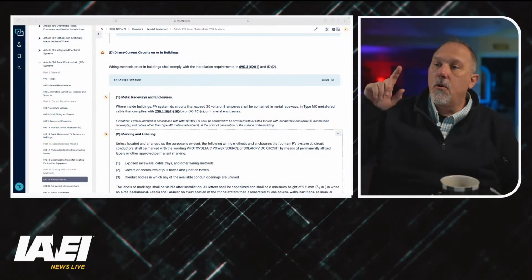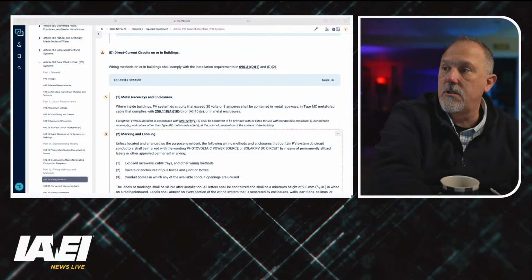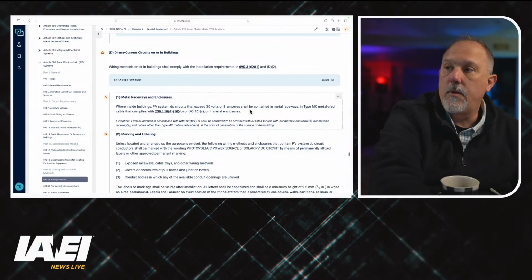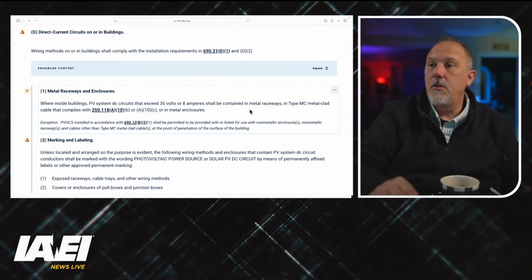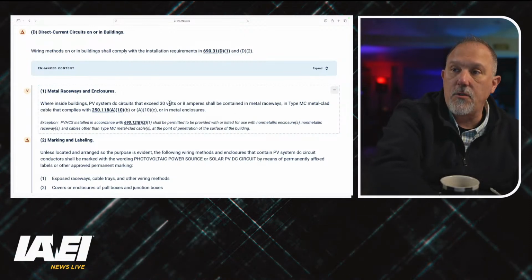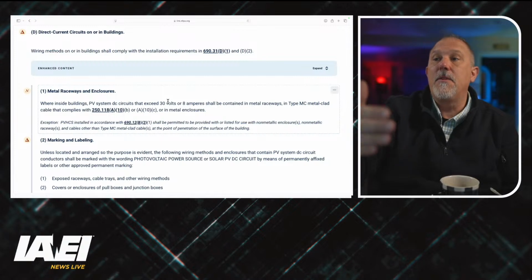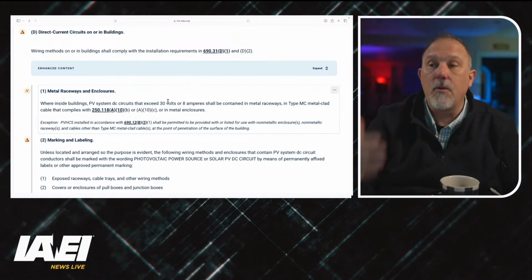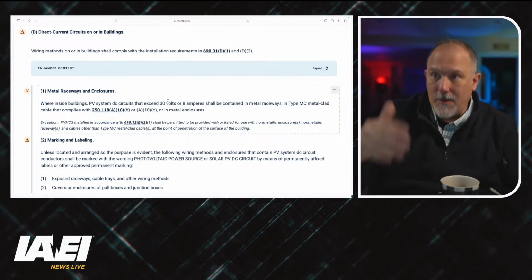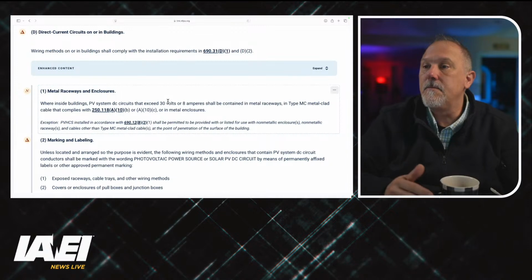So we're taking special provisions for providing protection of these conductors. Right here, it says, where inside buildings, that exceed 30 volts or 8 amps. So if it's less than 30 volts or less than 8 amps, then I don't have to worry about these.